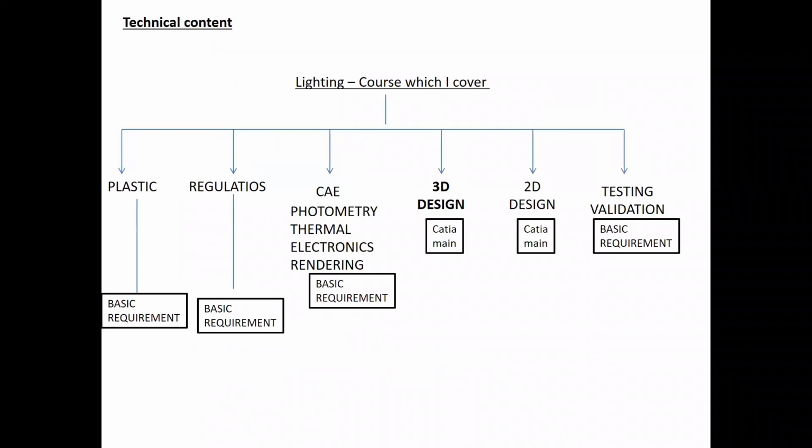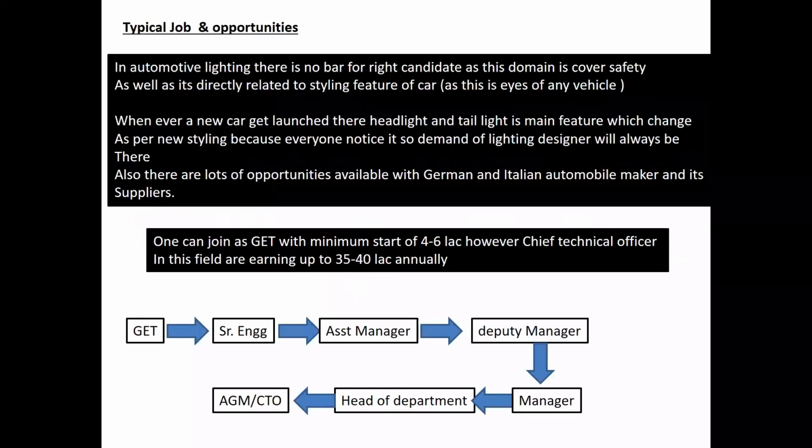We covered in part one plastics, regulations, CAE, 3D design, 2D design, and testing validation. In part two, the current webinar, we will dig more into testing validation, regulations, and the plastic part. We also discussed the typical jobs and opportunities in the lighting domain, and what pay scale you will get.